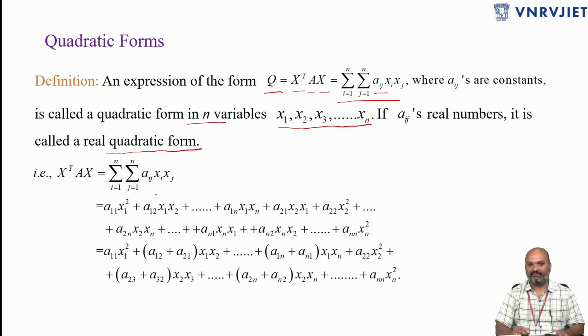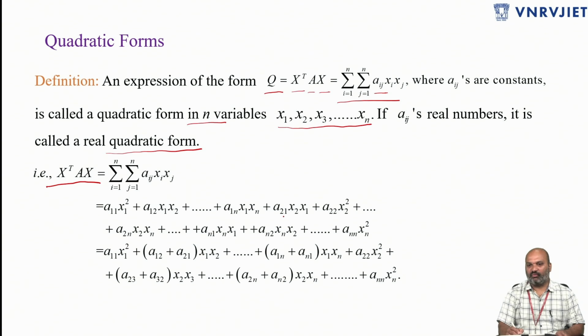So let's expand this one. We write X transpose A X equals, expanding it first, keep i fixed and j varies from 1 to n. For i equals 1, j varies from 1 to n: a11 x1 square, then with i fixed at 1 and j equals 2, a12 x1 x2, plus so on, a1n x1 xn.